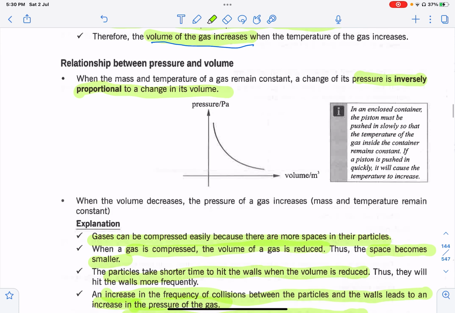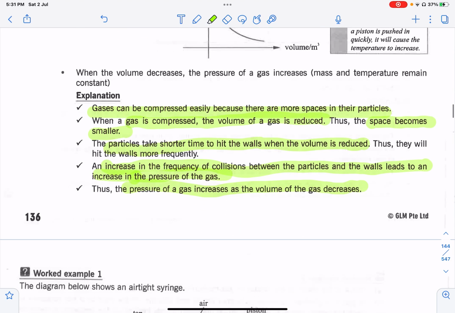Then if I were to readjust it to pressure and volume, how will it be? There is an inverse relationship. Inverse relationship means that rather than both going up, when you increase one variable, the other will decrease.